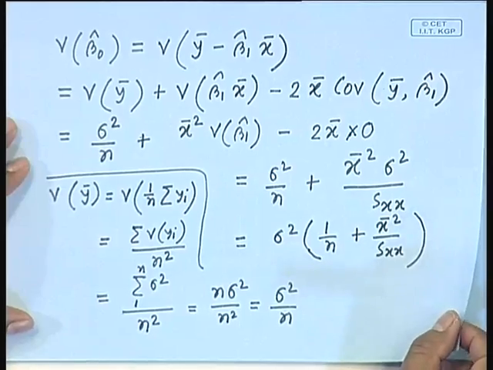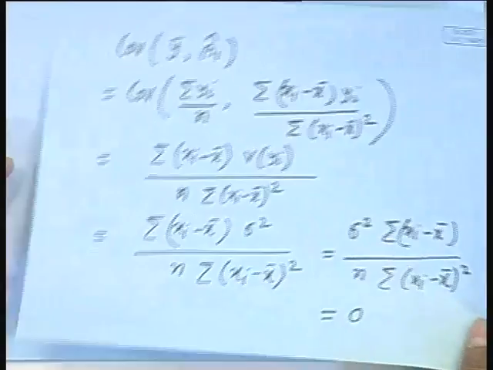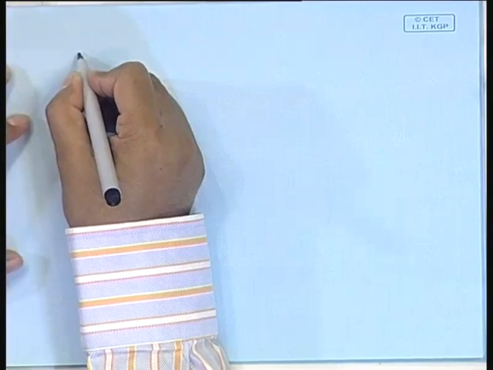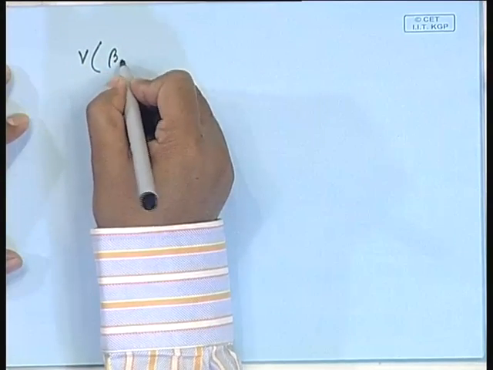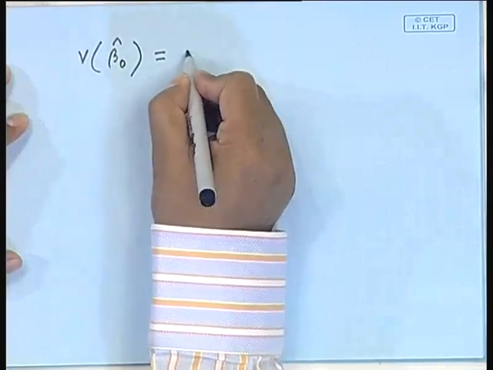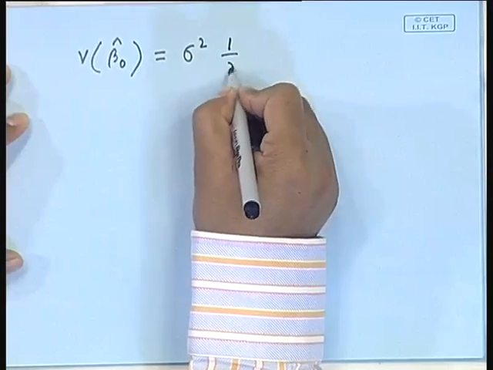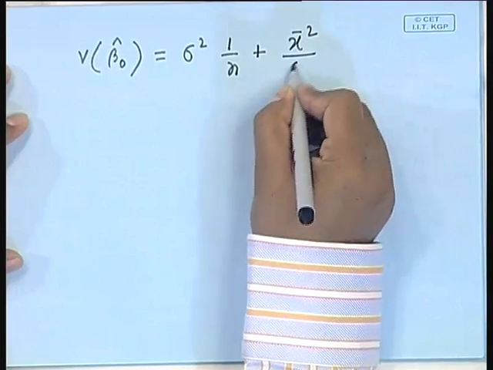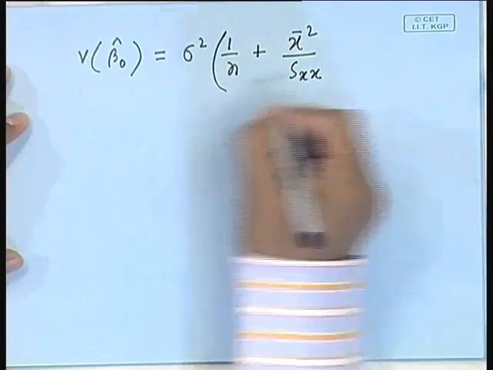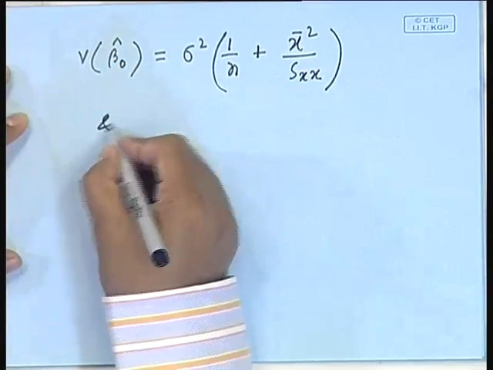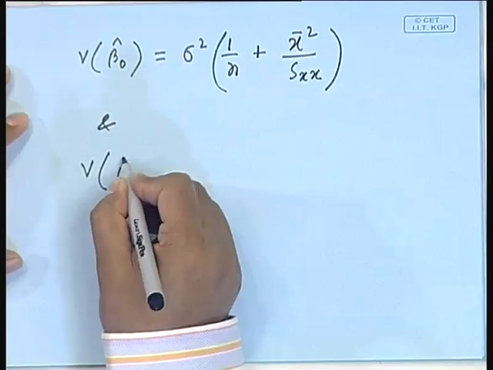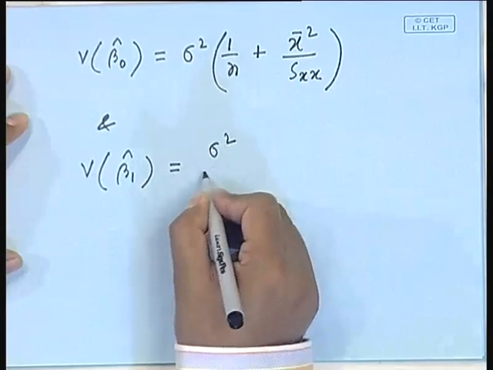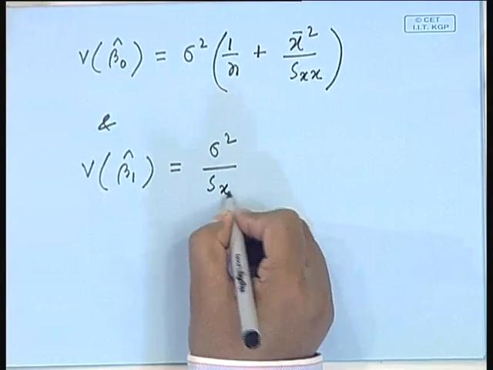So, we proved that both beta naught and beta 1 are unbiased estimators, and also we proved that the variance of beta naught hat is equal to sigma square into 1 by n plus x bar square by s x x, and the variance of beta 1 hat is equal to sigma square by s x x.